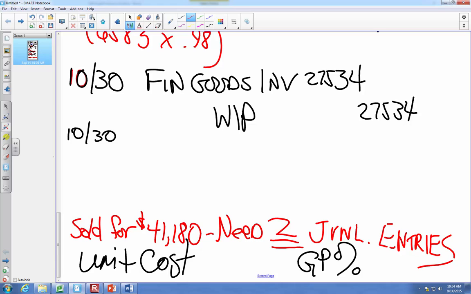Where are you moving the finished goods inventory to? The P&L. And then you got to book the sale, just like you did anytime you sell something on account. And I sold 30 of these things. So when you go to do the unit cost, there's 30 Segways.